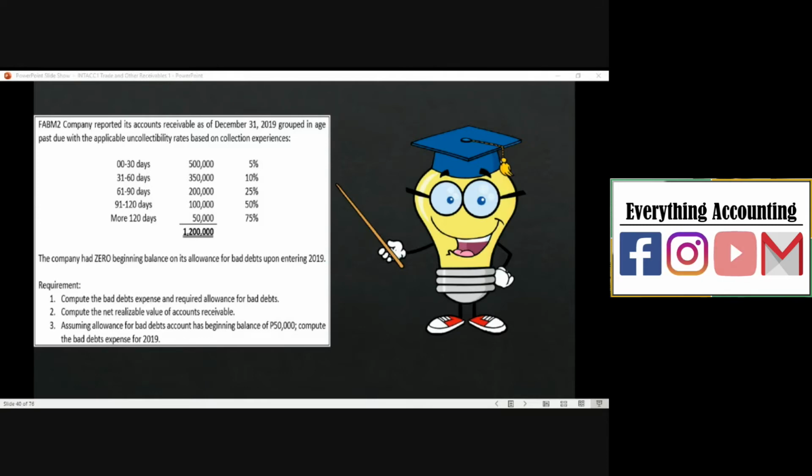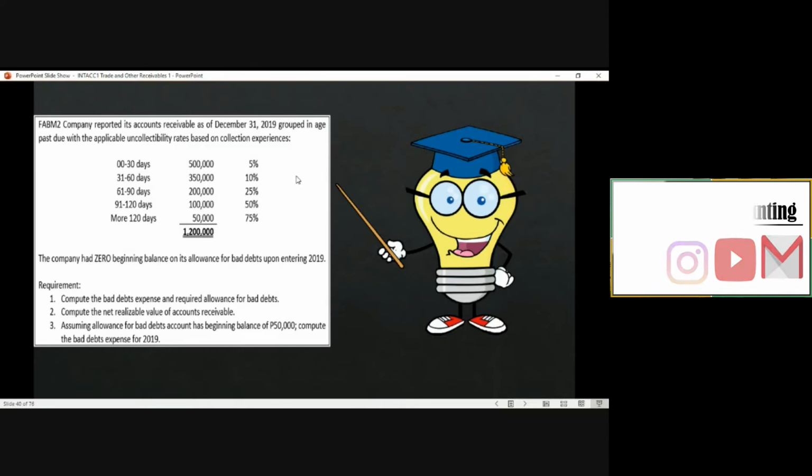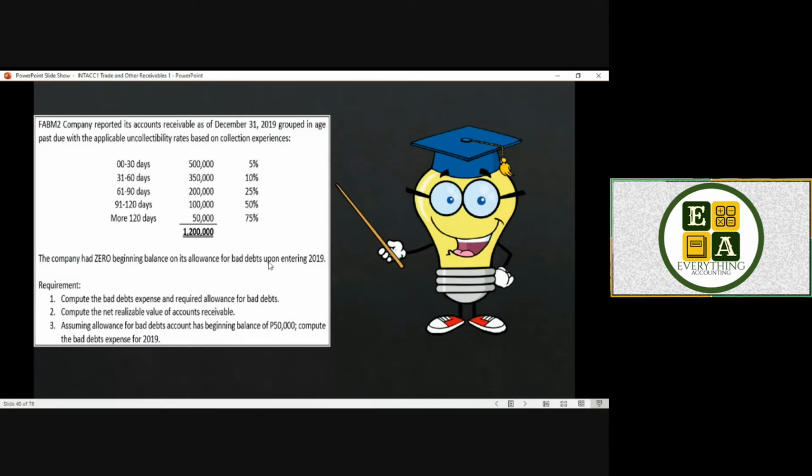For example, yung 5% is uncollectibility rate. So for 500,000, yung collectibility rate niya is 95%. Yung uncollectibility is 5%. Same goes with 10%, 25, 50, and 75. Dito sa 10, 90 yung collectibility rate. Sa 25, 75 yung collectibility, dito 50, dito naman 25.